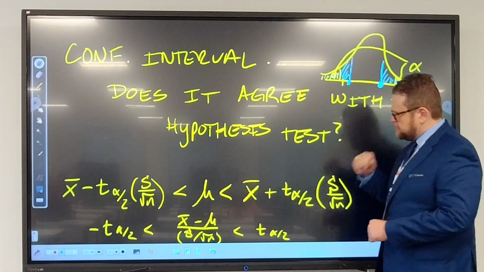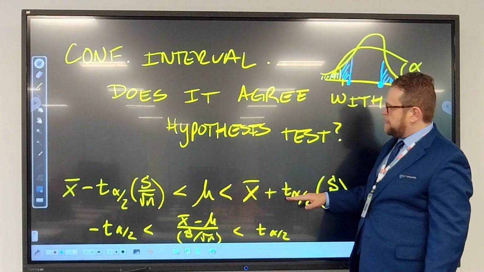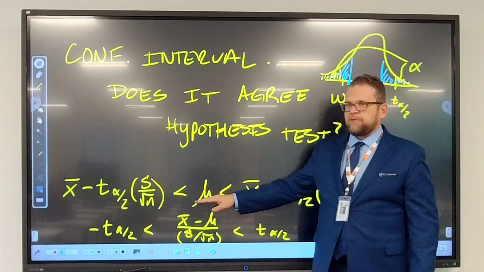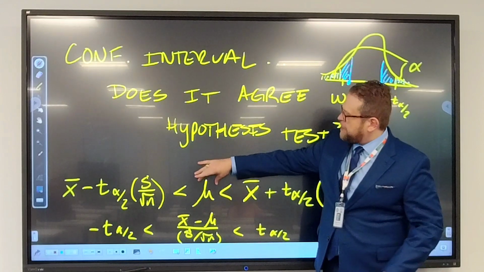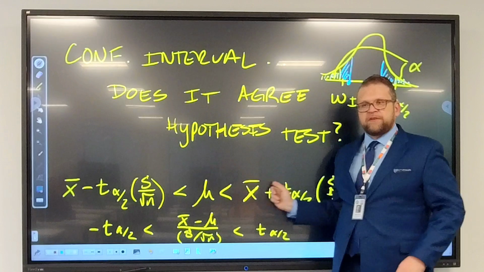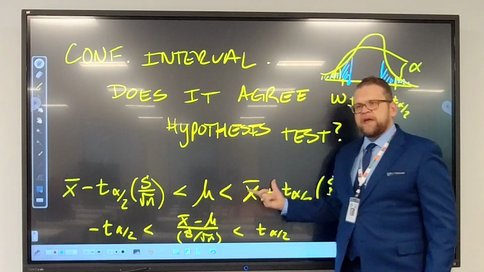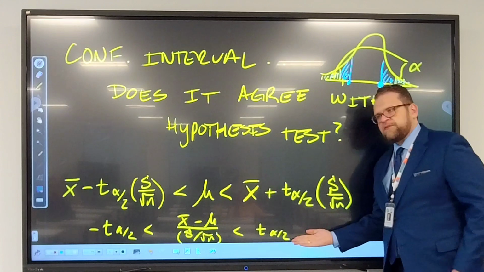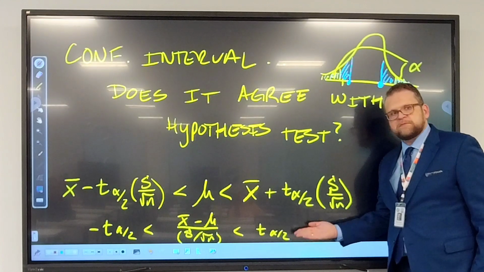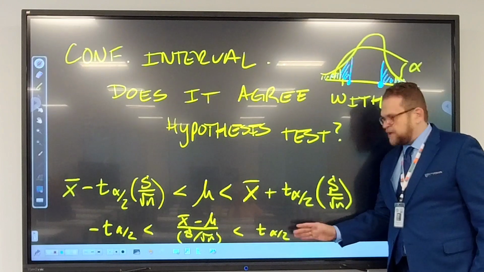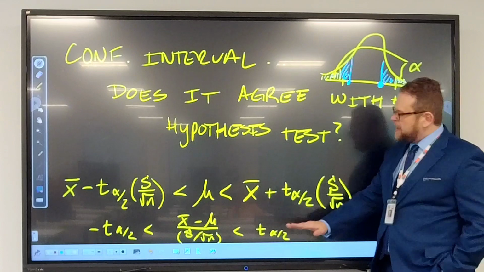So let's assume that we did this confidence interval and that it was right. That somehow later on we checked and found out, oh, mu really is in between these two limits. Okay? So we know that this is true. If all I did was algebra to get to here, shouldn't this also be true? Yeah. If I didn't make any algebraic mistakes, then this would also be a true statement.